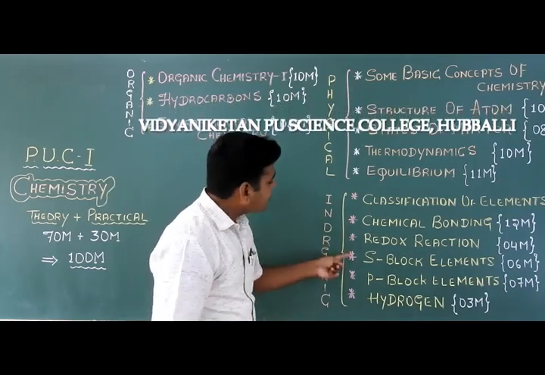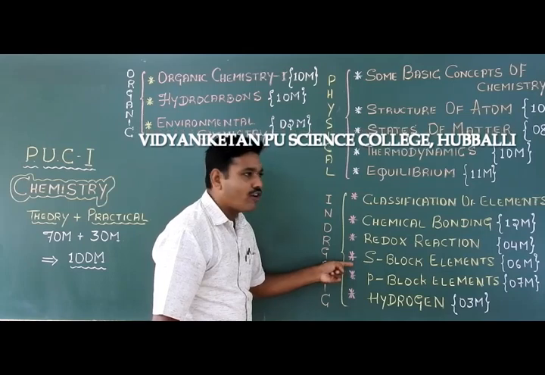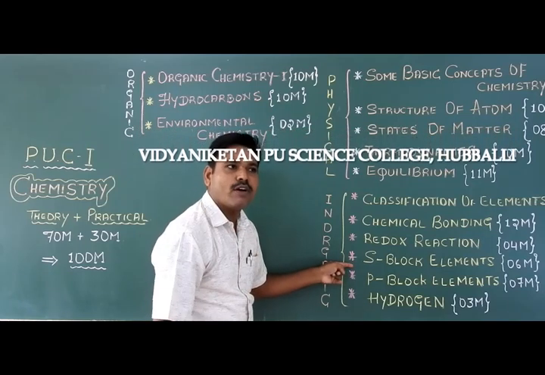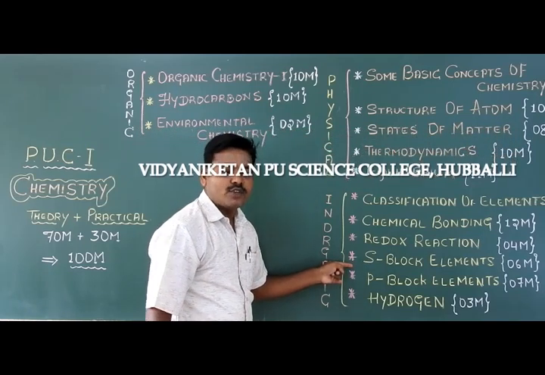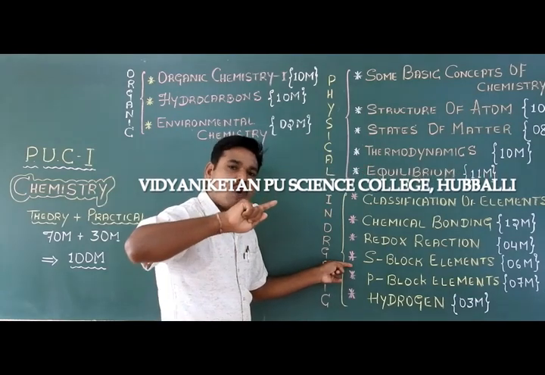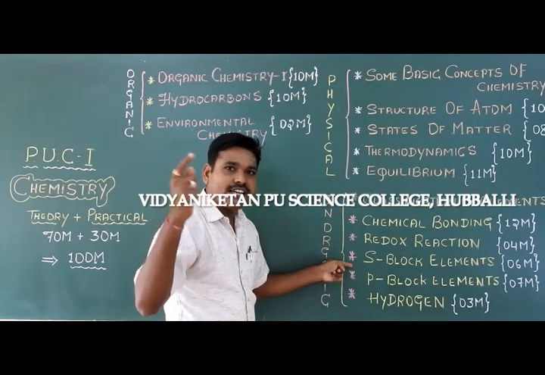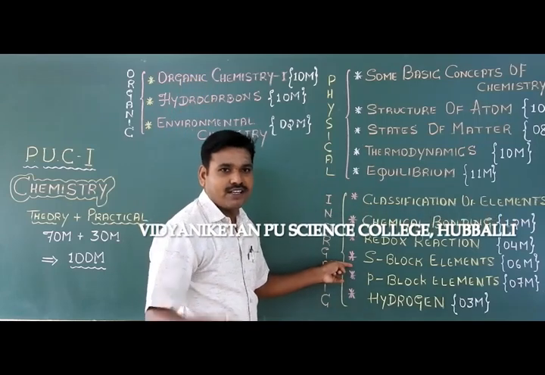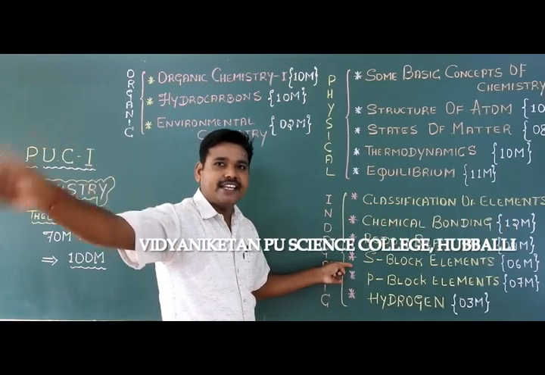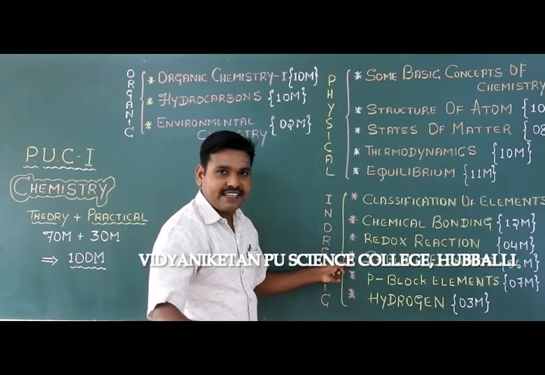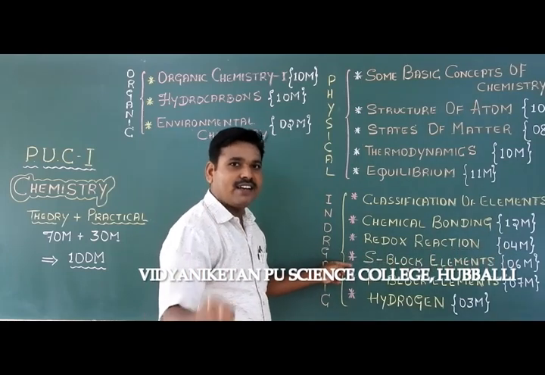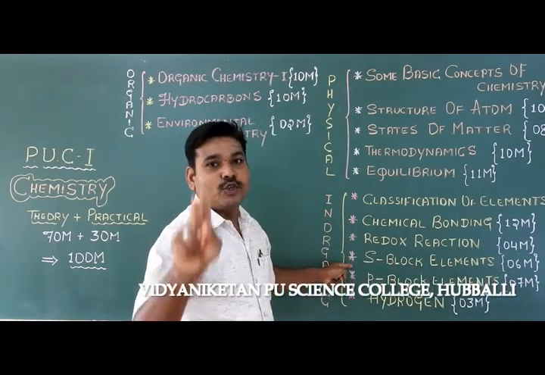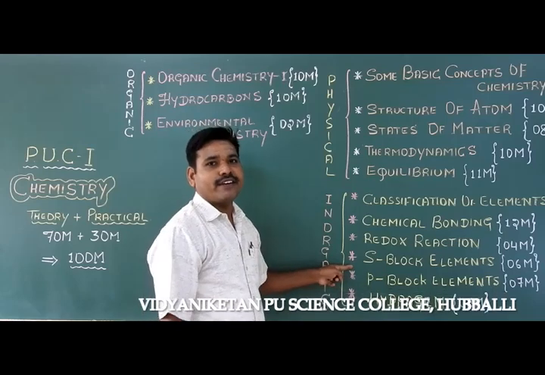Okay, and the next chapter, the fourth chapter in the inorganic section, is s block elements. In the periodic table, we all know that the elements are subdivided into 4 important blocks: s, p, d and f block. So this year, for the PUC first year, we are going to study 2 important blocks in the periodic table.